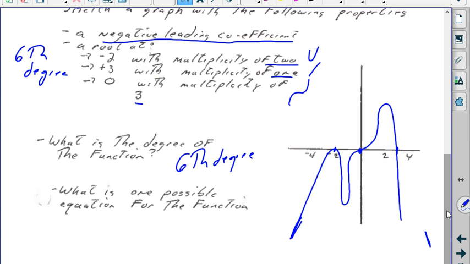Again, each one of those things was described to me by the multiplicity. Even multiplicity, point of tangency; odd multiplicity of 3 or higher is point of inflection; odd multiplicity of 1 is just crossing at that point. Okay, so here's a graph. It's a sketch.